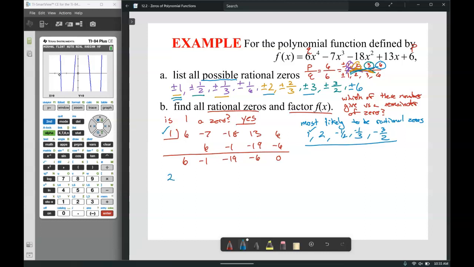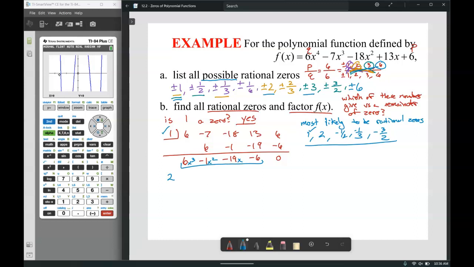But instead of doing it with the original polynomial, every time we do synthetic division and we get a remainder of 0, we've factored our polynomial a little bit further. And so now I have 6x to the third minus x squared minus 19x minus 6. This is a new polynomial that's factored.